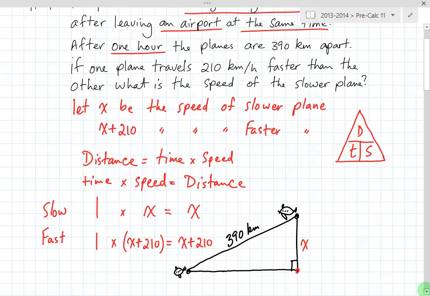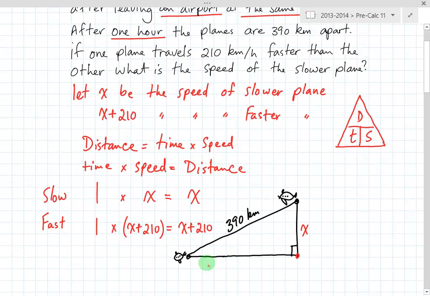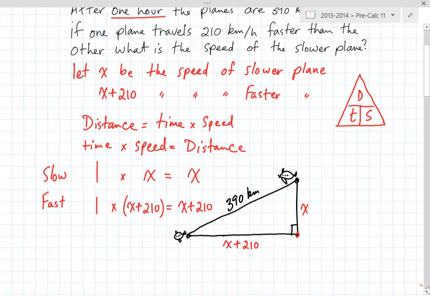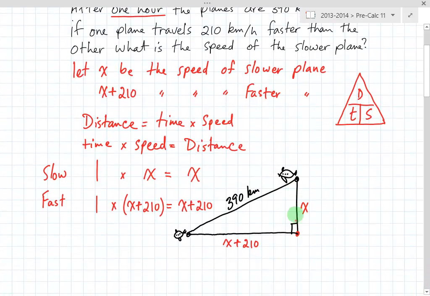I go to my geometric model of it, and we're going to put it on that one. This is x plus 210. Now I'm looking at a geometric model of this. I have my two planes, with the happy passengers and everything. And I have these distances: x traveled this way and x plus 210 traveled at right angle to it.